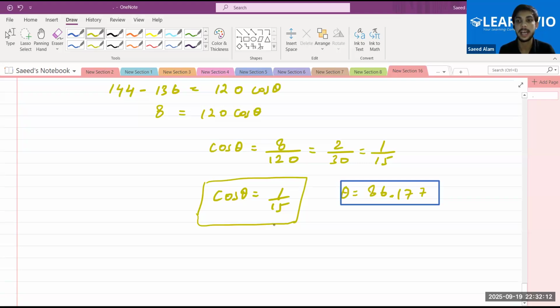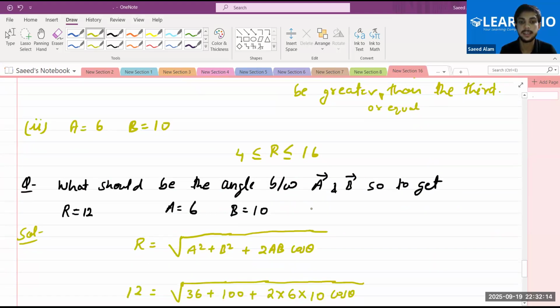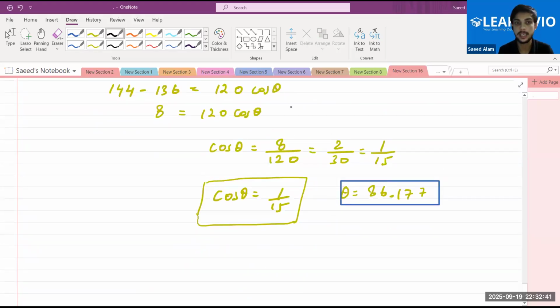Yes. Okay, actually, sometimes what happens is that they write it in the question like this: theta, cos inverse of 1 by 15 equals 86.17. They give this information somewhat like this. Understood? So actually we'll get the result somewhat like this.